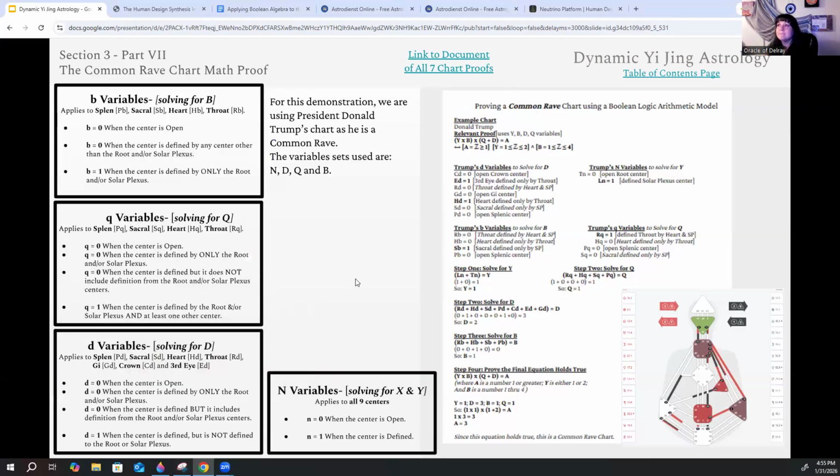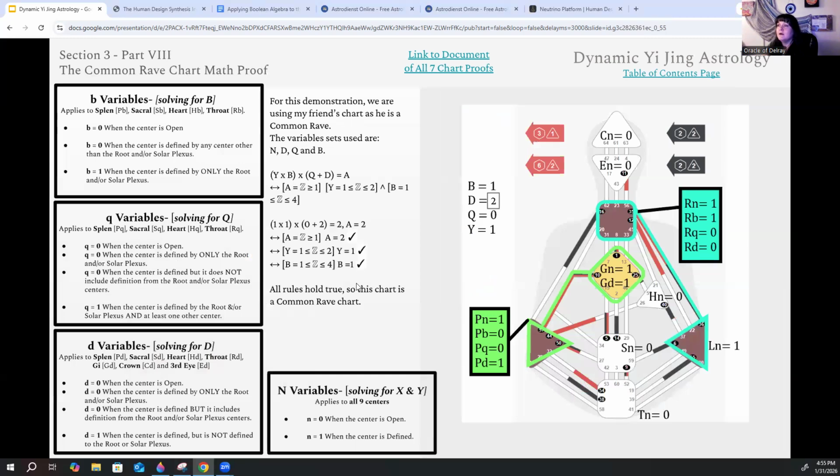So this is a friend of mine, whose name I'll keep anonymous, redacted for privacy. He's a manifester in a common rave. And this is just looking at his chart and seeing how to look at it.